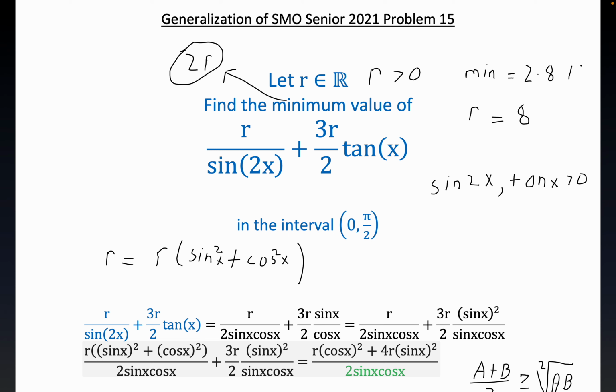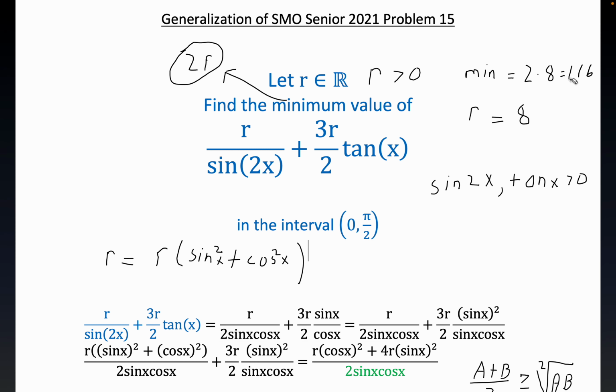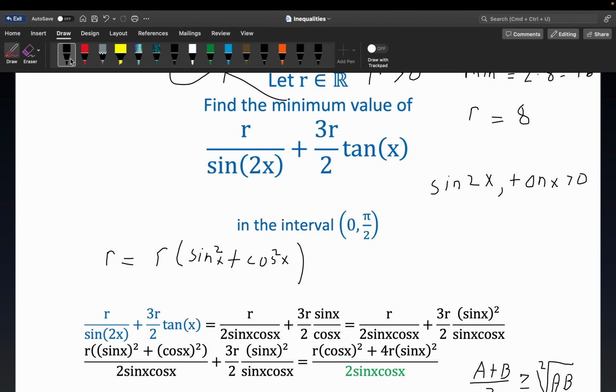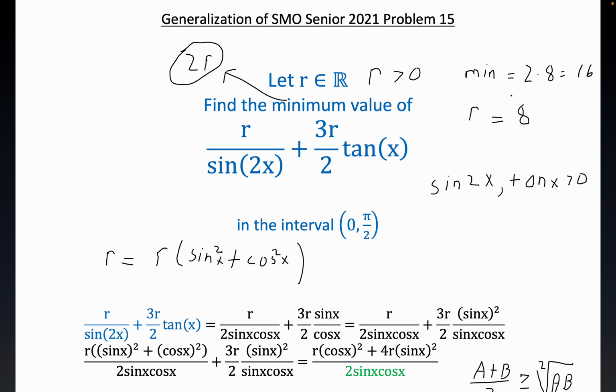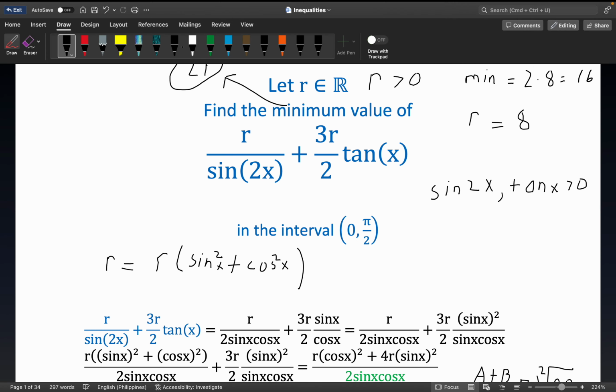I think the period may be pi. If you draw a picture of this, you'll see that it's equal to 16 right there. Again, that was just the constant they arbitrarily chose. But it works for irrational numbers and rational numbers. So anyway, this is the solution.